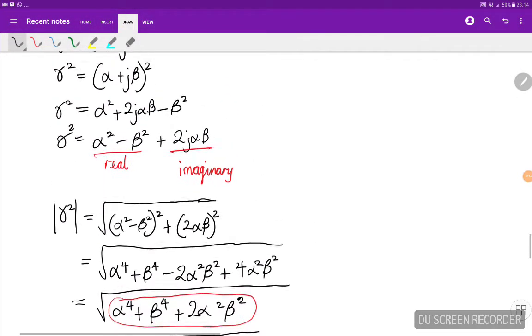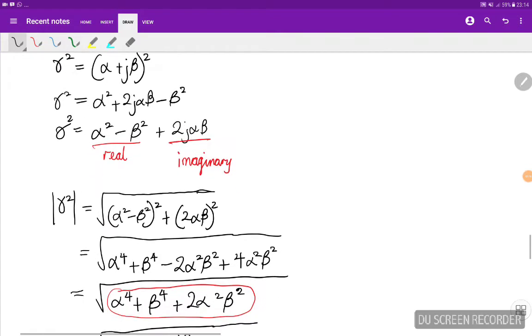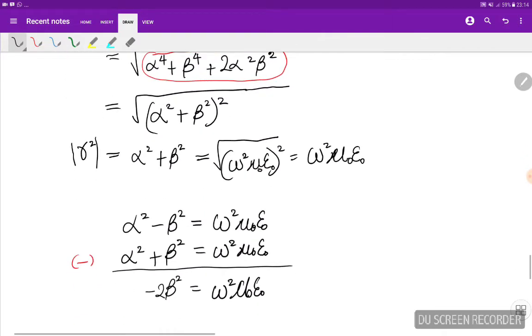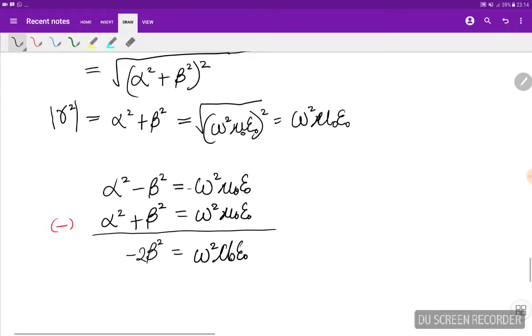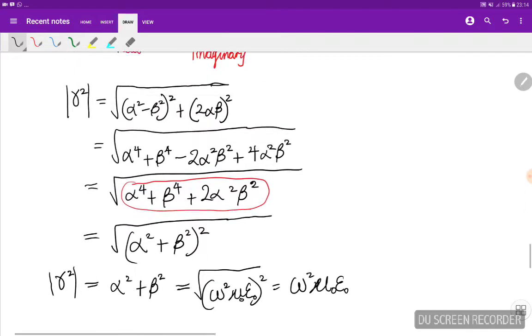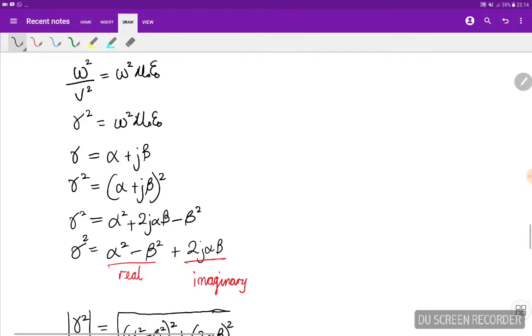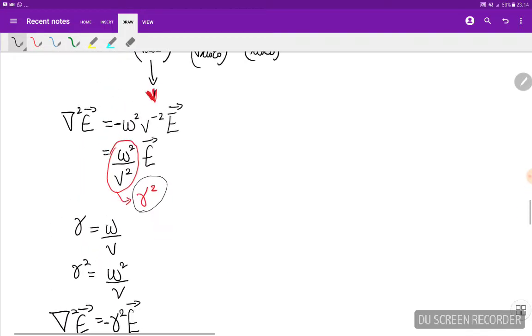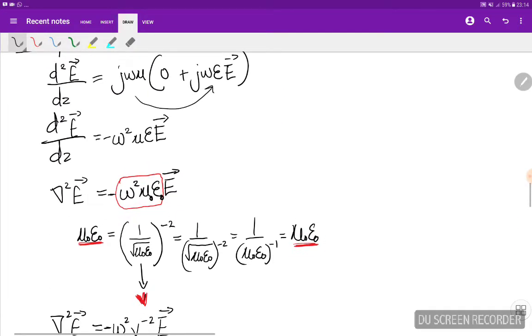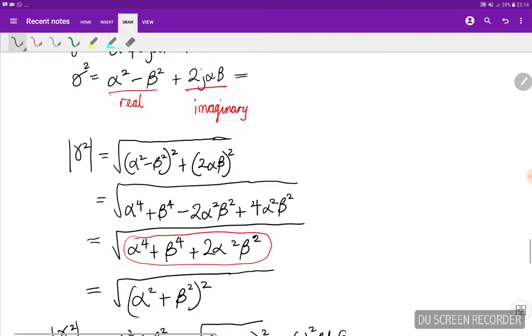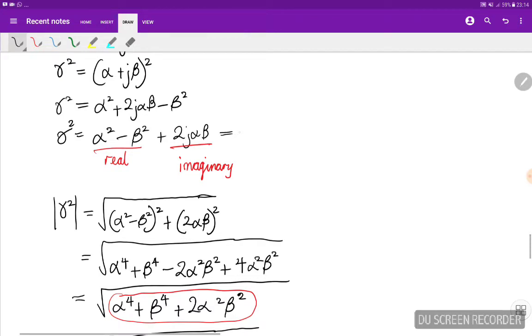Alright, a brief review rather. This is minus here. Why? Because if we compare it to what we had here, minus ω²μ₀ε₀, that's going to be our coefficient, our real part.